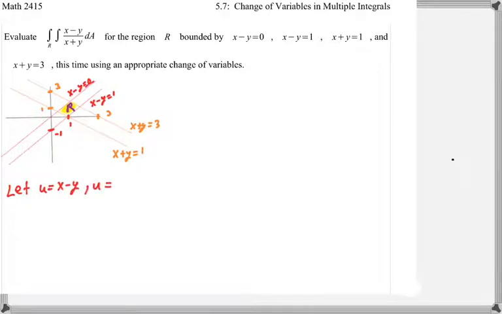Then u is equal to 0 and u is equal to 1. We're going to let v equal x plus y, and so x plus y equal to 1 and x plus y equal to 3 gives us the 1 and the 3. So now we have done a transformation from the xy plane over to the uv plane.